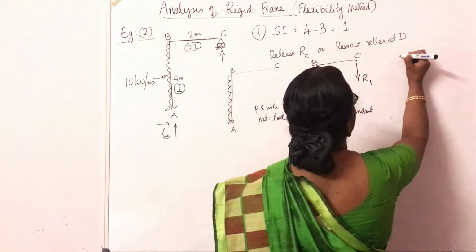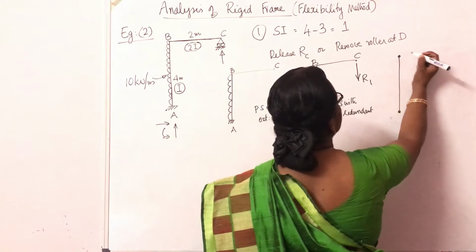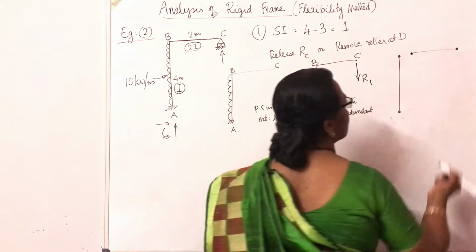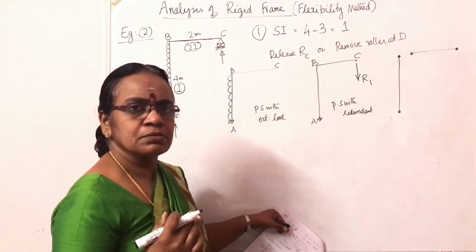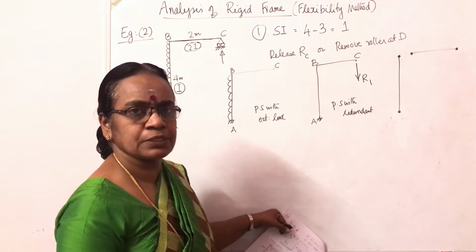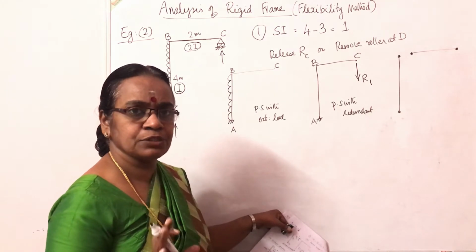I am going to mark the element coordinates also, because to write the transformation matrix, we have to define the coordinates. Any one element can be taken as 1 and 2. So it is our discretion which element has to be treated as the first element and which has to be taken as the second element. What should be the direction of the internal moments? Everything is left to the analyst.